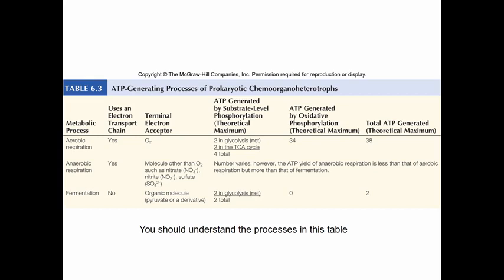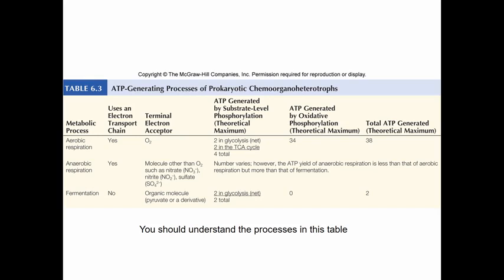Oxidative phosphorylation is the next one. ATP is only generated in electron transport. So, aerobic respiration makes a total of 34 ATP in oxidative phosphorylation. In other words, the electron transport chain is really important for these organisms because that's where they're making their most ATP.